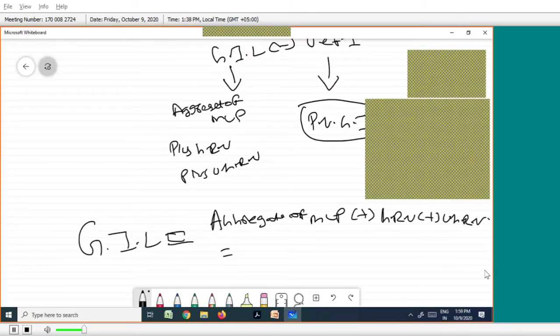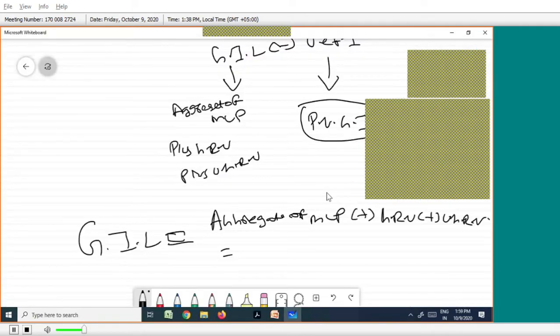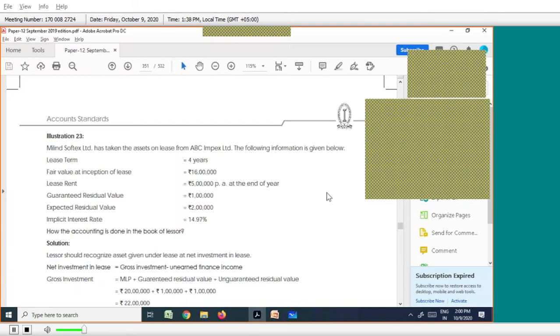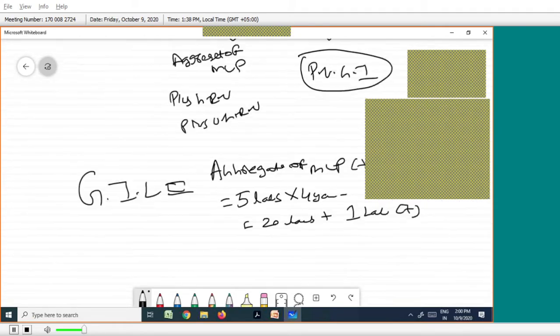How is the aggregate of MLP arrived? Per annum, what is the lease rent? 5 lakh is the lease rent per annum. 5 lakhs into how many years? 4 years, equal to 20 lakhs. Plus the guaranteed residual value given in the question, 1 lakh. Plus unguaranteed residual value, which is not directly given in the question.